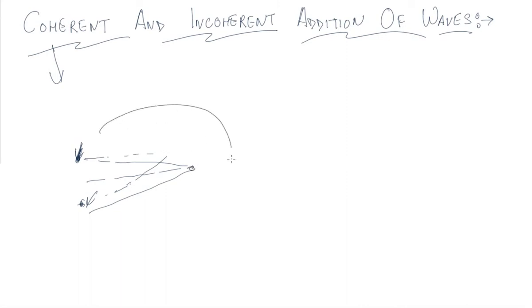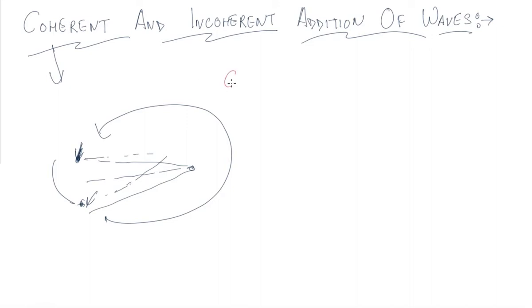But when you talk about a coherent source, we mean that the displacement that is being created is equal in both the cases for equal intervals of time. And this is what we define as a coherent source.